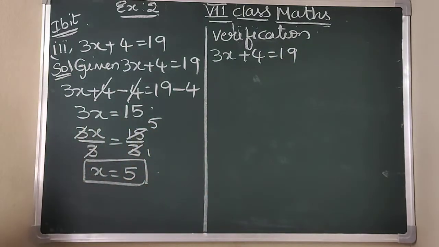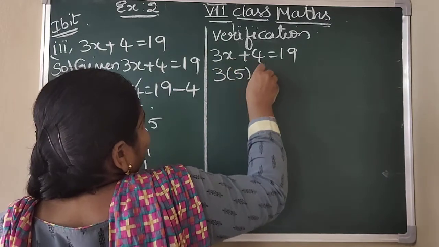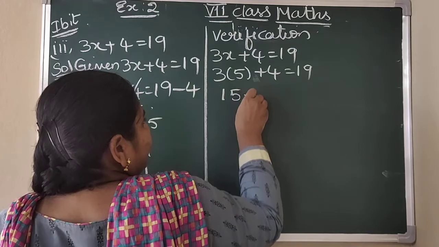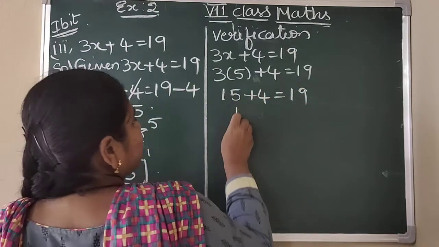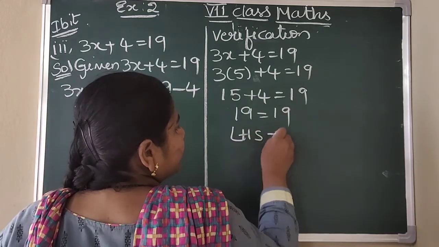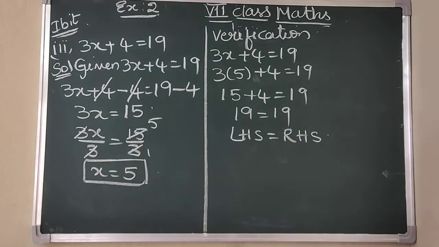In place of x we have to substitute 5. So 3 into 5 plus 4: 3 fives are 15, plus 4. 15 plus 4 is how much? 19 is equal to 19. So we got the LHS part equal to the RHS part. So what we did is a correct answer.